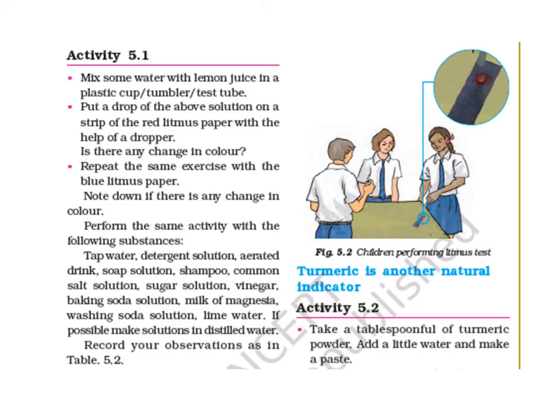And in the next column, blue litmus paper test you have to write down here. And then inference, what will be in inference? If the red litmus paper changes into blue, then the given substance is basic in nature. If the blue litmus paper changes into red color, then the given substance is acidic in nature. In that manner, you have to fill up that table. This is the activity that we have to perform here.